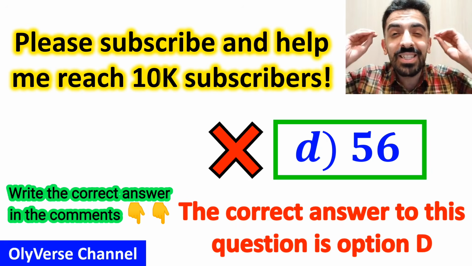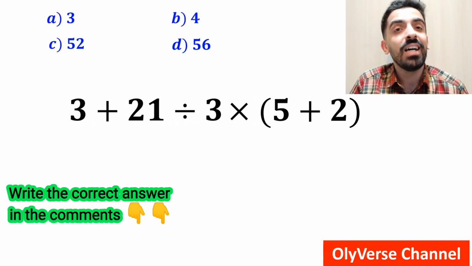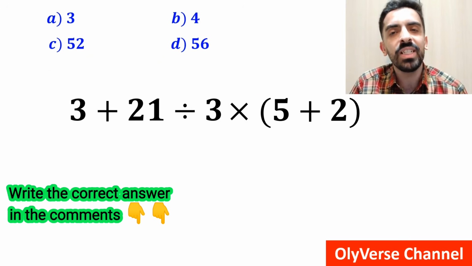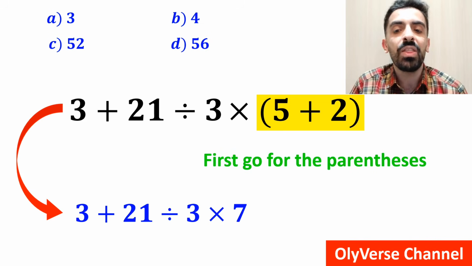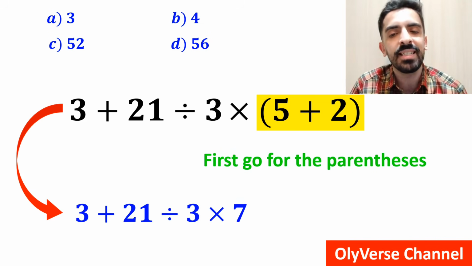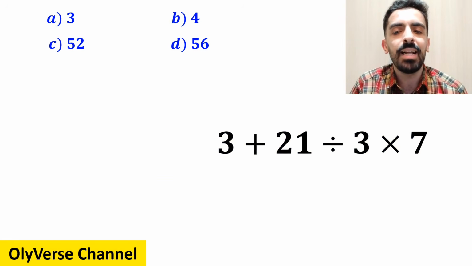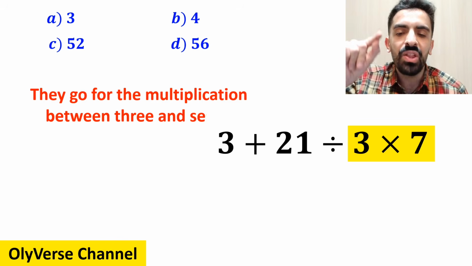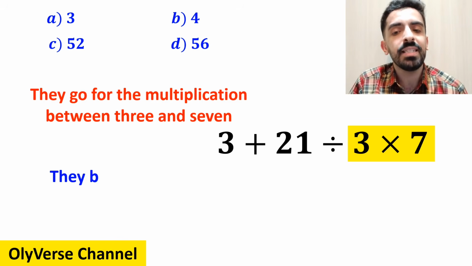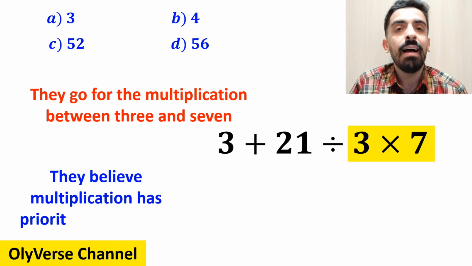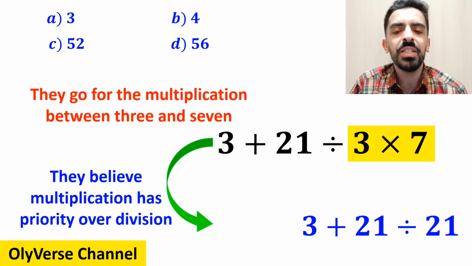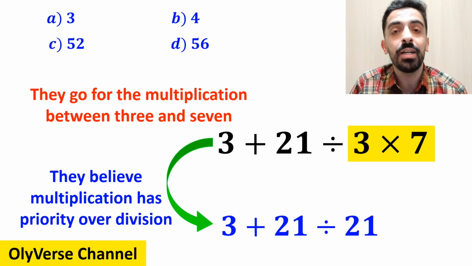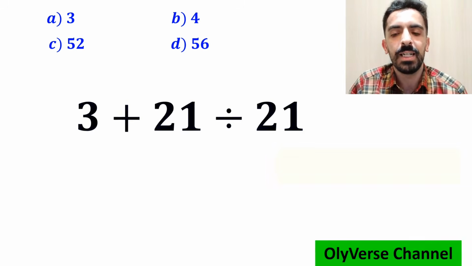However, that's definitely wrong. Also, some other people, when solving this question, first go for the parentheses and write this expression as 3 + 21 ÷ 3 × 7. The next step, they go for the multiplication between 3 and 7 because they believe multiplication has priority over division. So, this expression simplifies to 3 + 21 ÷ 21.